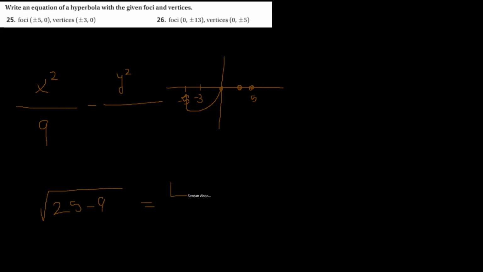So b is 4, so I'm going to write over here 16. And all of this is equal to 1. I think this is it.